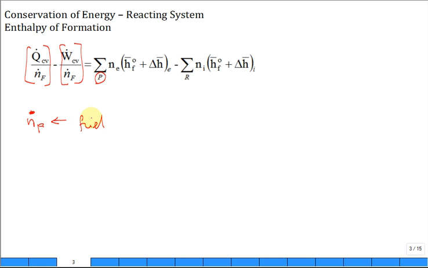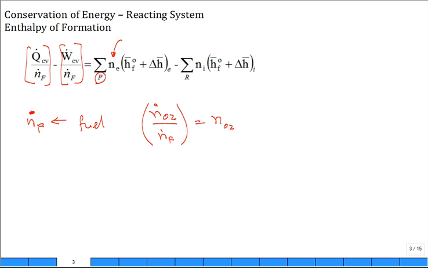If they do that, then you have a ratio like the molar flow rate of oxygen divided by the molar flow rate of the fuel, which is equal to the stoichiometric coefficient of the oxygen. And so this N without a dot on it is the stoichiometric coefficient in our balanced reaction equation.